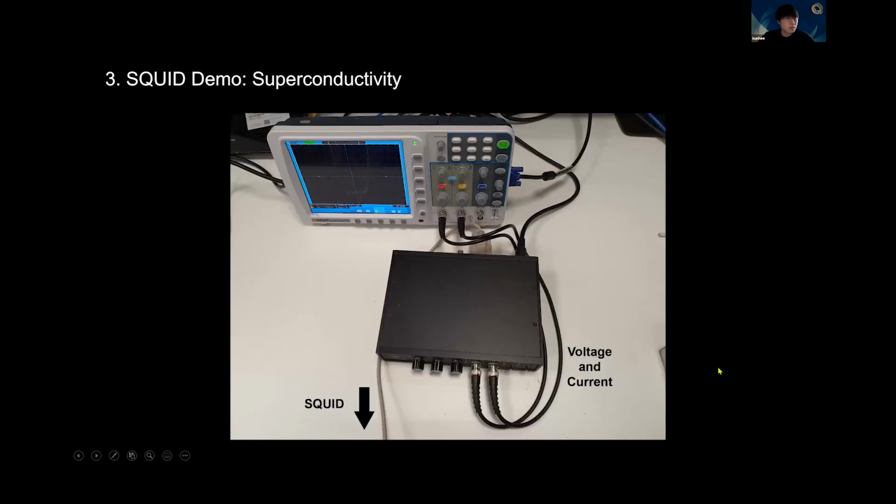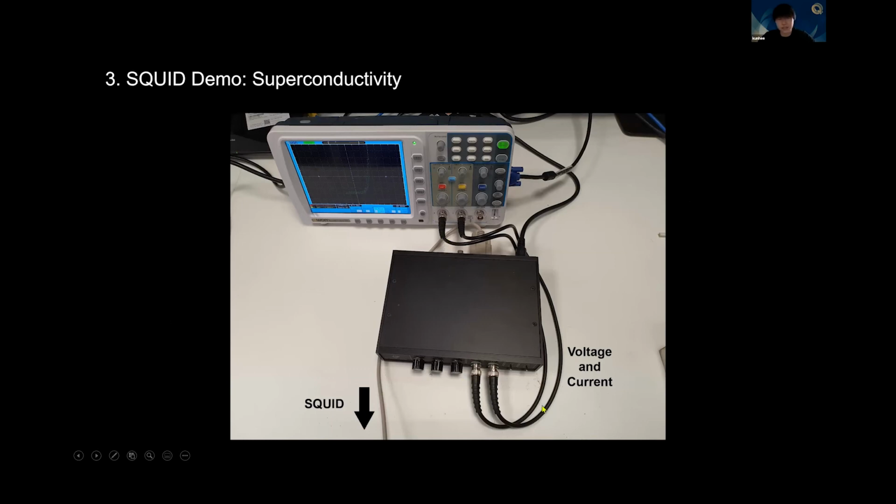Before I jump into the demo video, this is the picture of the setup. This is the graph that you see on the oscilloscope, which we'll be looking at later. The oscilloscope is just plotting the graph.